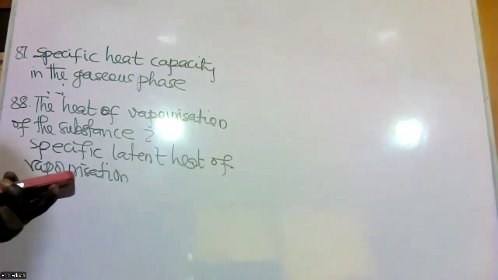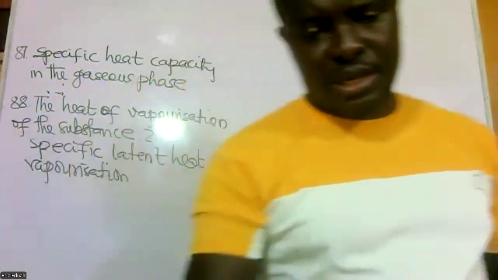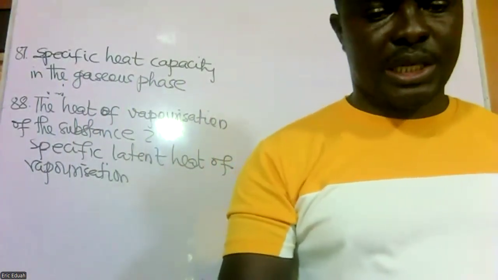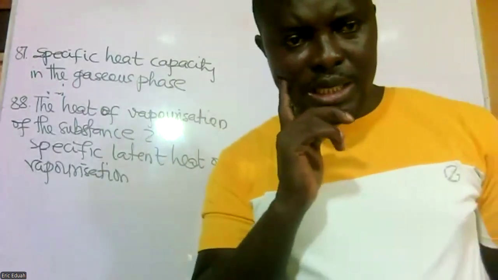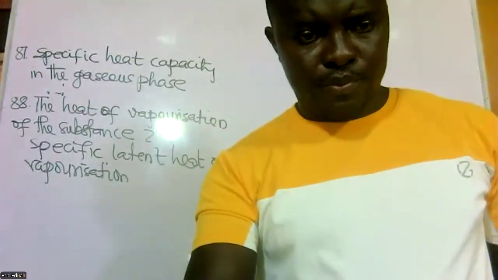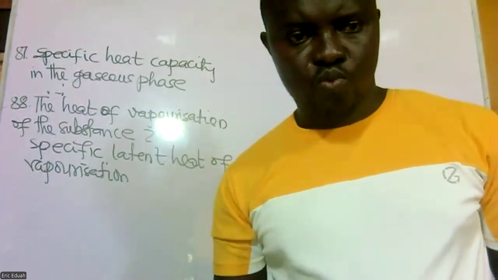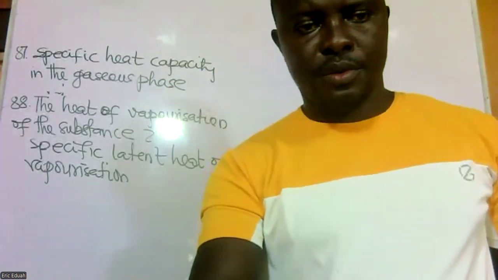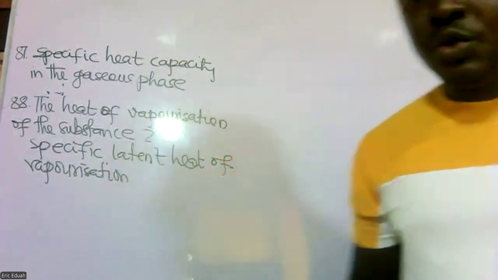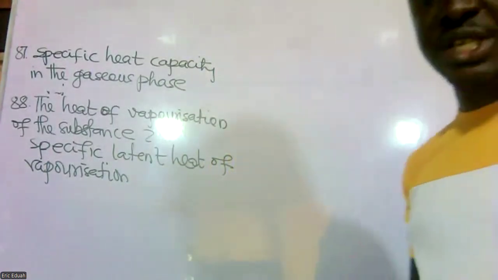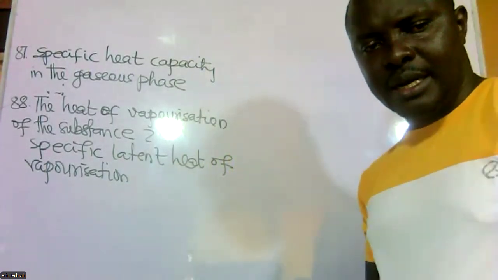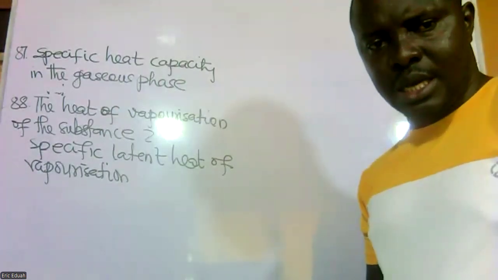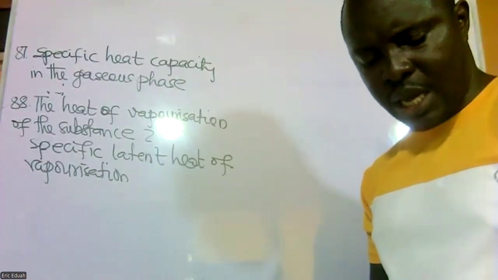Yes. Who is through with question 87? If you are through with question 87, kindly share with us. Julian, what have you had for question 87? The specific heat capacity in the gaseous phase. Julian, are you there?